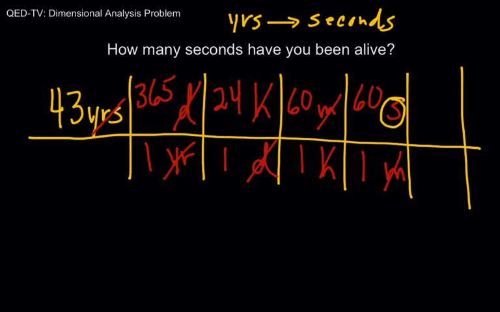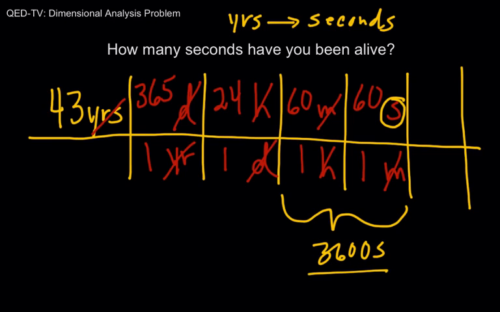Now, in this part right here, I could have done that in one step. I could have said there are 3,600 seconds over 1 hour. 60 times 60. I could have done that in one step. And so in the future, when I do these problems, I might make my life a little bit easier if I remember there's 3,600 seconds in 1 hour. I could do that in one conversion factor rather than two.